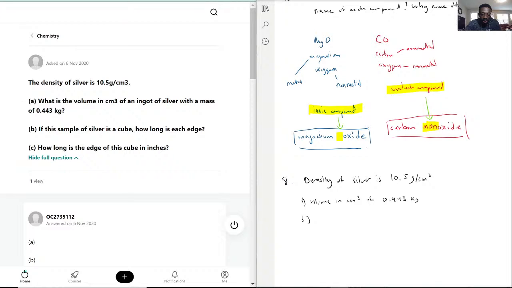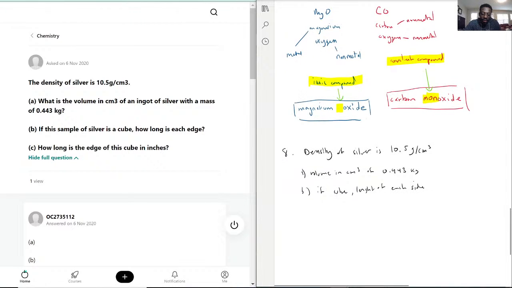And if the sample of silver is a cube, what is the length of each side? And C, how long is the edge of this cube in inches?